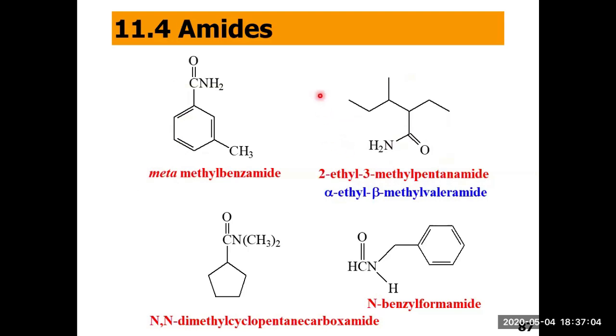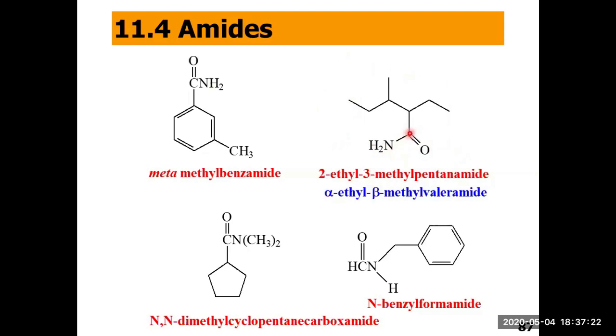So let's take a look at this example. So you have here the carbonyl carbon, and you have here the nitrogen, and this forms the amide group. Now, in naming molecules like this, we need to find the longest continuous carbon chain, and that will become the parent amide.